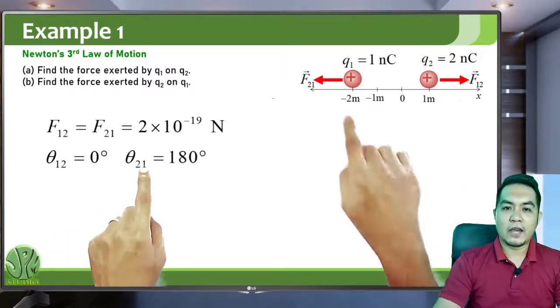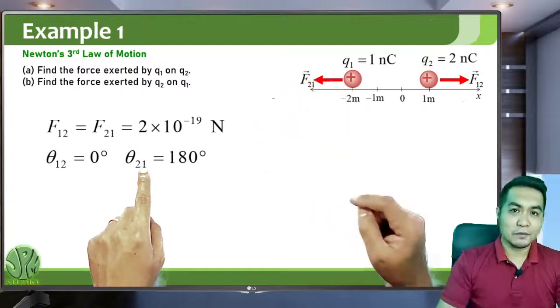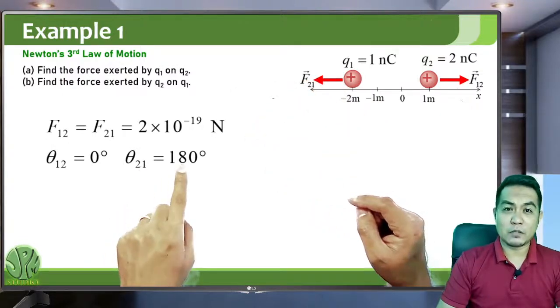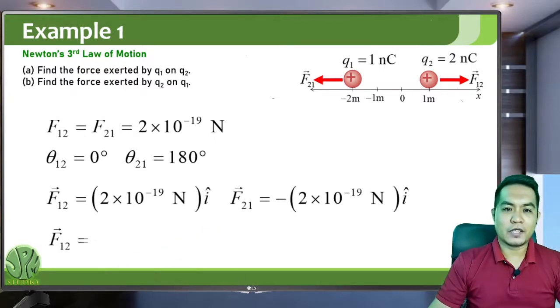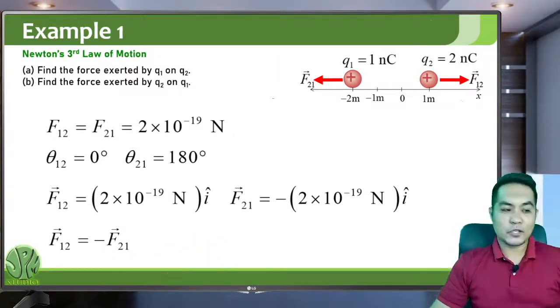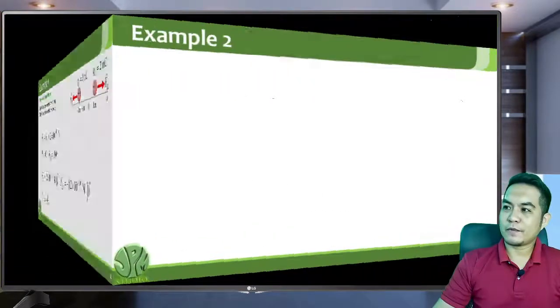For F21, the force exerted by Q2 on Q1, it's negative i hat, or in terms of theta, 180 degrees. And this is Newton's third law of motion: the force exerted by Q1 on Q2 is just the negative of the force exerted by Q2 on Q1. The law of action and reaction: for every action, there's always an equal in magnitude but opposite in direction reaction.